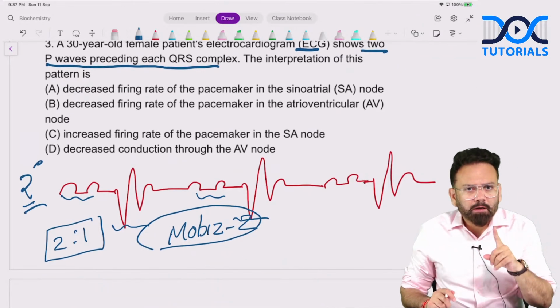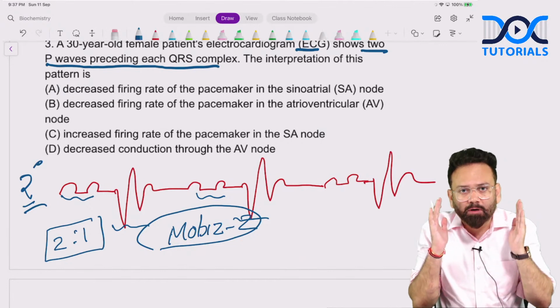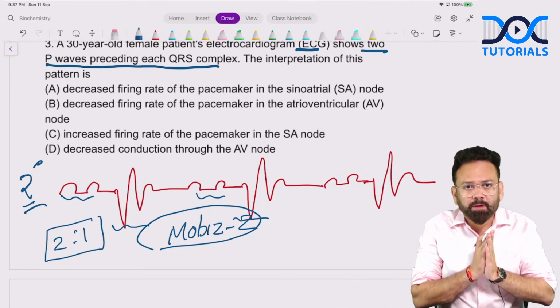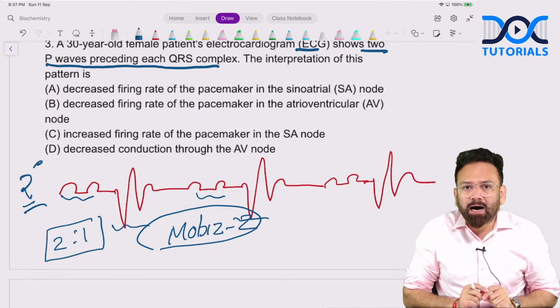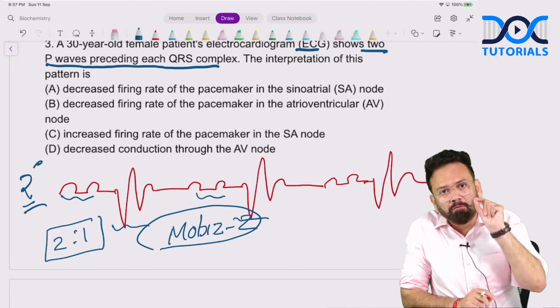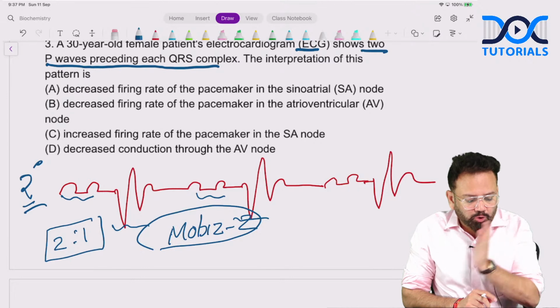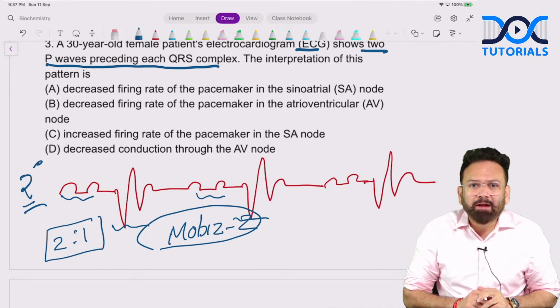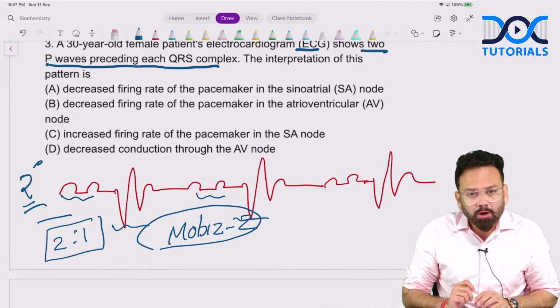If you remember, in first degree heart block there is only an increase in the PR interval. Just open your notes and see. In second degree heart block, one P wave will miss the QRS. It can be Mobitz 1 or Mobitz 2. In Mobitz 1, there is the Wenckebach phenomenon. In Mobitz 2, it can be 2:1 or 3:1.